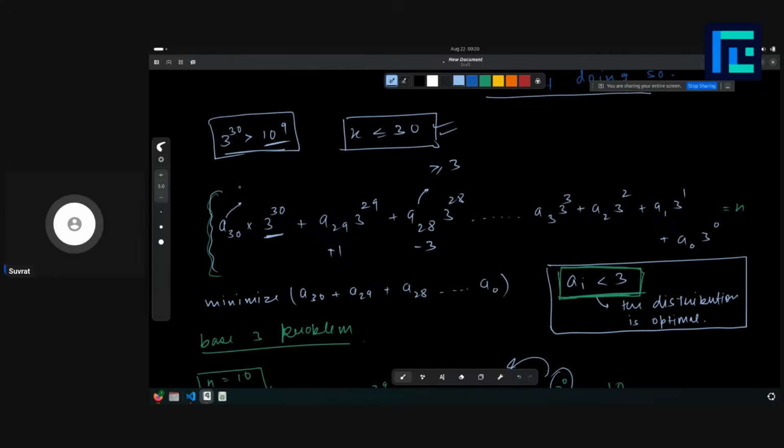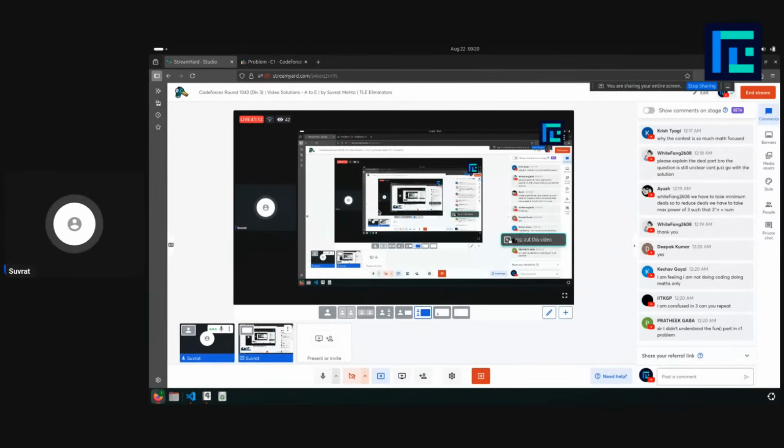So this coefficient would be 0, 1 or 2. It cannot be more than 3, since if it is more than 3 then the next power would also be less than n. Then you can subtract this value from n and you will get the further coefficients. So that's another way of generating the term.